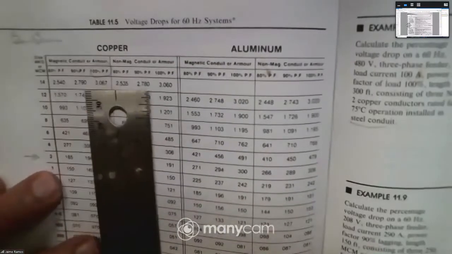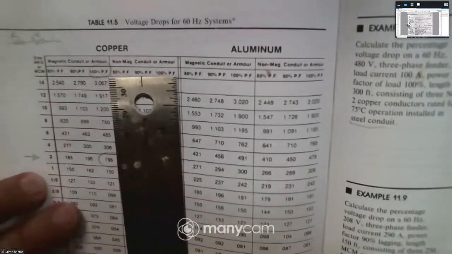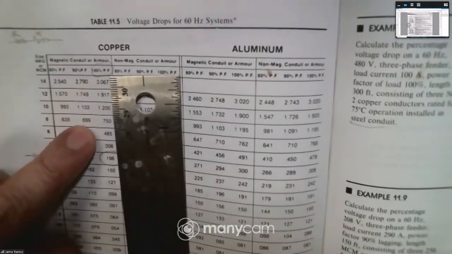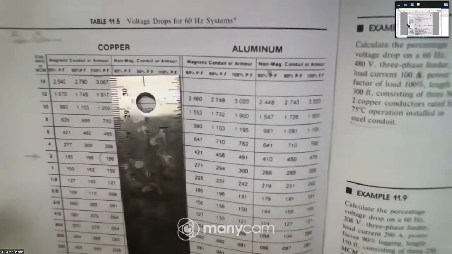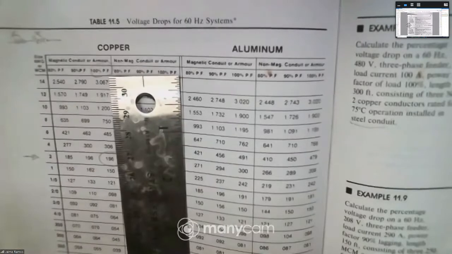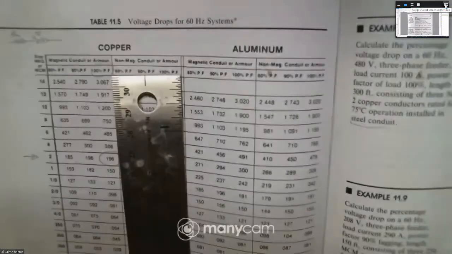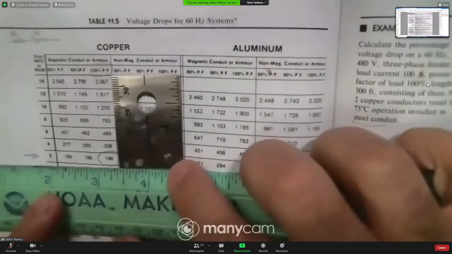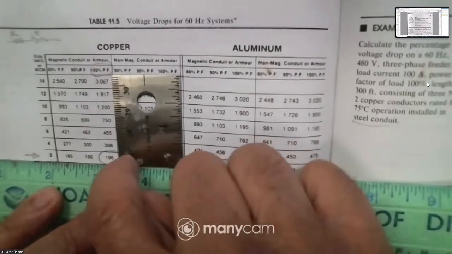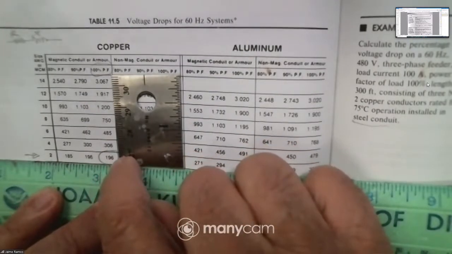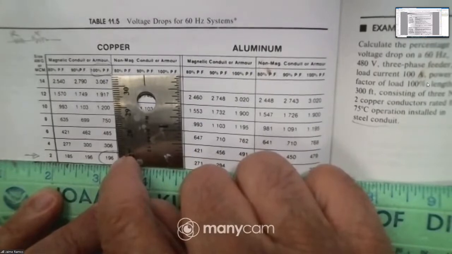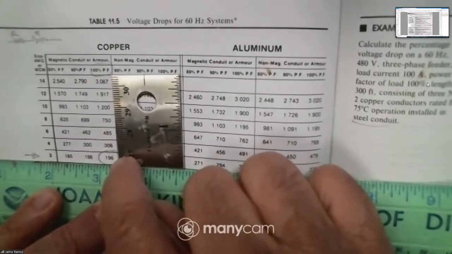So we'll be using the last table right here. And then the size, what size? Number 2. So number 2 is right here. Okay, so the amount per 1000 ampere-feet is 0.196.